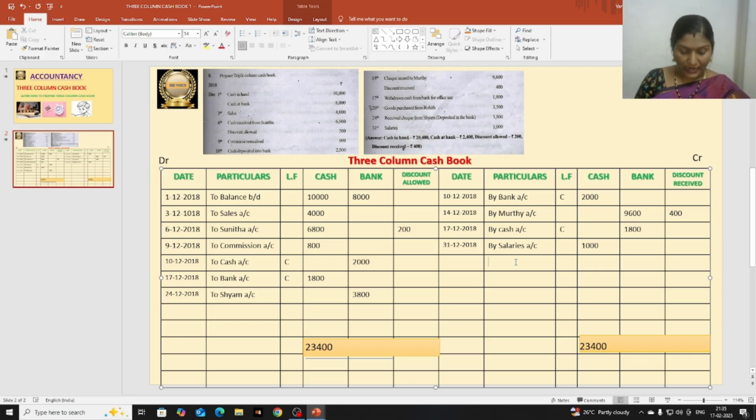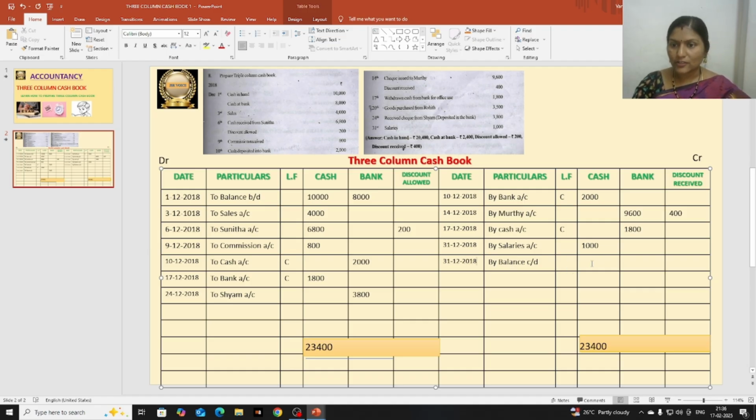So here I am writing on the credit side by balance carried down. Why am I writing on the credit side? Because the credit side amount is less for the cash column. The date is always the last date in the month. What is the last date in December? The last day as per the calendar is what will be taken. So 31st is the last day, 31-12-2018.